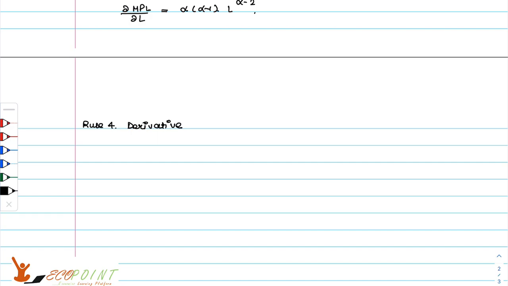Derivative of a constant multiple of a function, right?